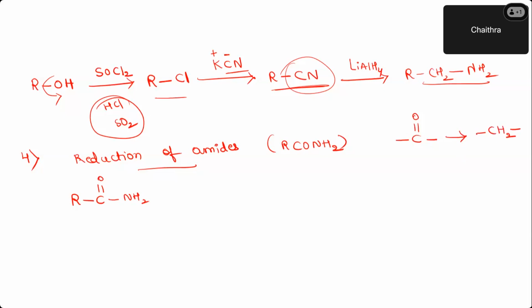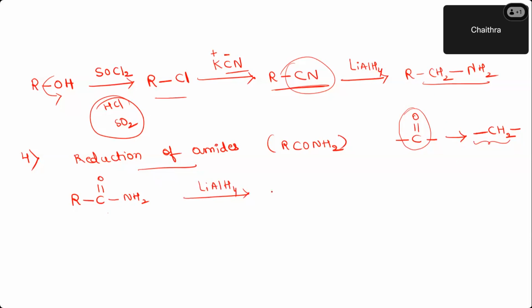Okay. In aldehydes and ketones also you would have done Clemmensen and Wolff-Kishner reduction and all. No. What will the C double bond O group reduce to? It will get reduced to CH2. That's it. Reduction of amides. So I'll write on the arrow mark lithium aluminium hydride. Predict the product means what will you do? From amide to amine you should get.